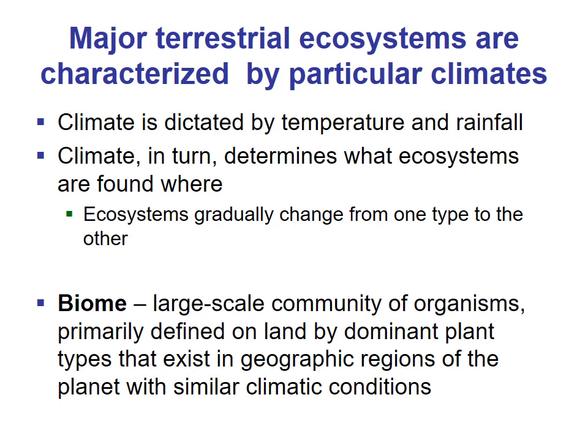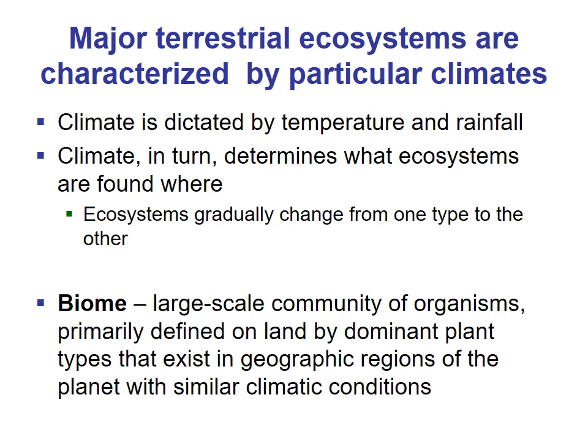The next slide is going to show you that we can generalize what types of biomes are found where, but it's important to note that ecosystems do not have these hard and fast edges. In fact, they gradually change from one type to another. Each of these ecosystems is going to have inputs from and outputs to other ecosystems in the biosphere.